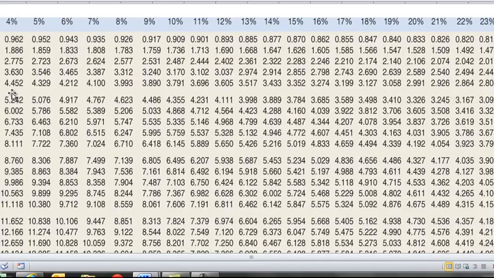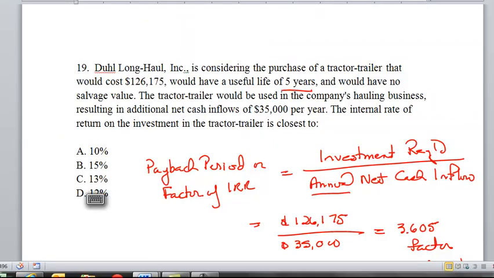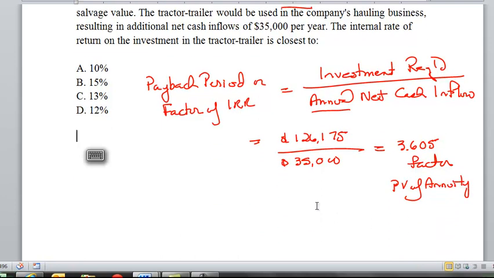So 3.605 means we're going to have an internal rate of return of 12%. So 3.605 factor, present value table, looking at 5 years equals 12%.